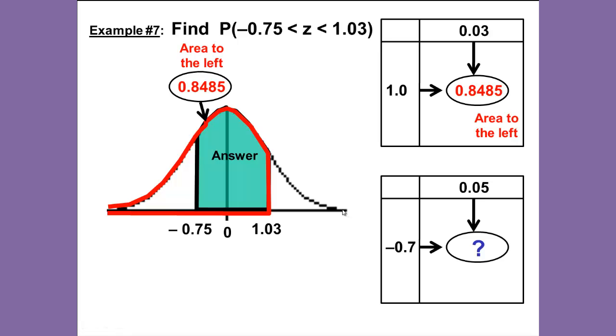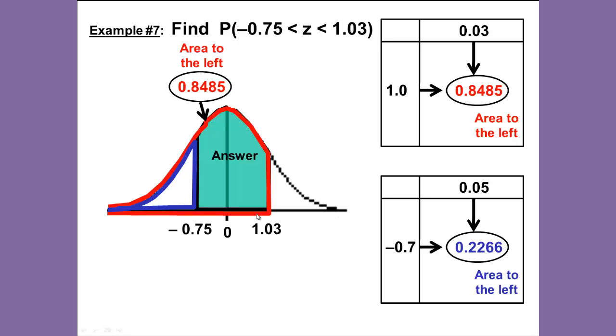If we look at negative 0.7 and 0.05, that will give us the area to the left for negative 0.75 as 0.2266, which is the area to the left. Notice that is the area to the left of negative 0.75, which is none of our answer.